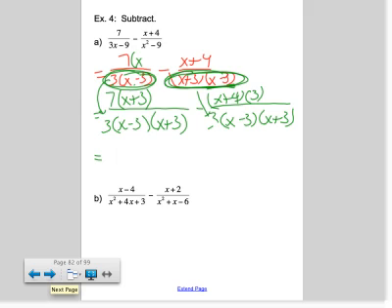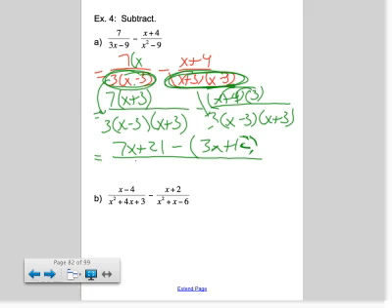Okay, and so now I just simplify. So on top I have 7x plus 21, and then I have minus, I have 3x plus 12. Not sure why the smartboard's not reading there. All of that over 3 parentheses x minus 3 parentheses x plus 3.